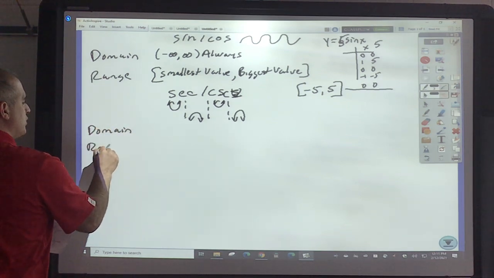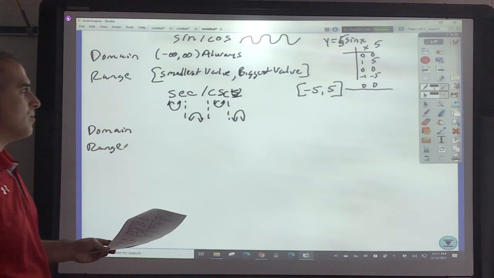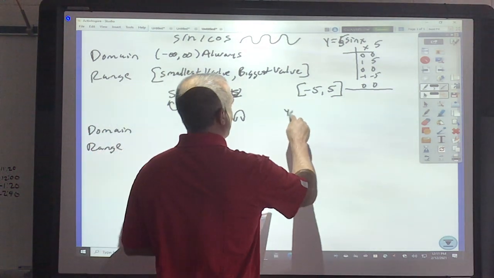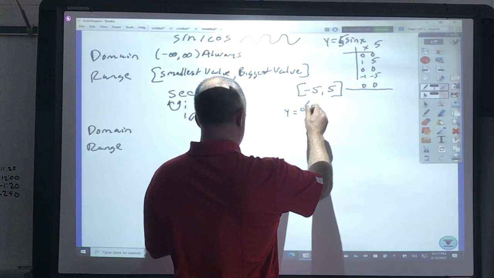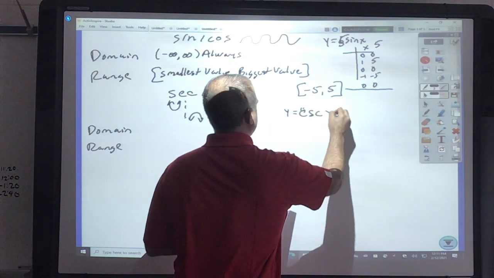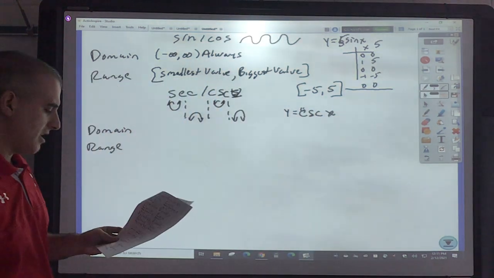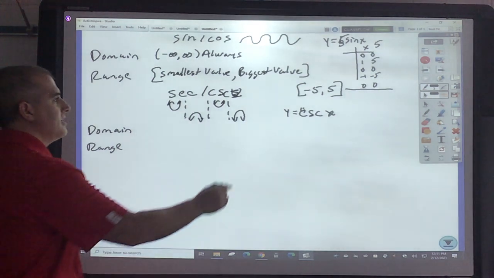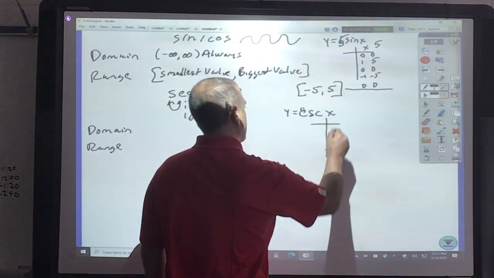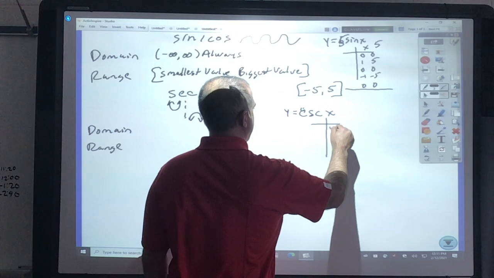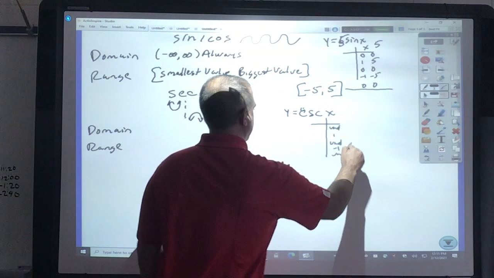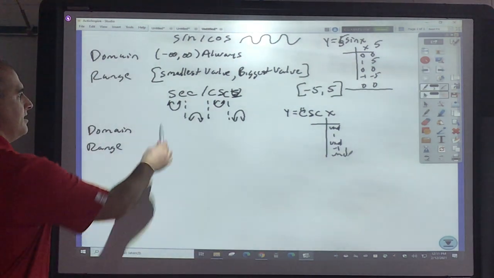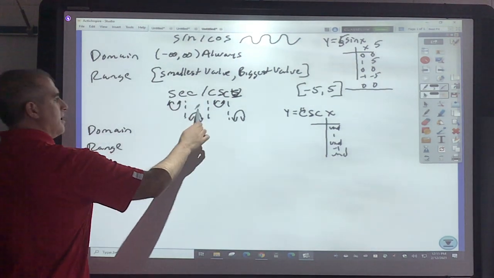For the range, let's say I had just regular cosecant of x. Remember on the chart, I got undefined, 1, undefined, negative 1, undefined. The idea is that it's going up and then down.